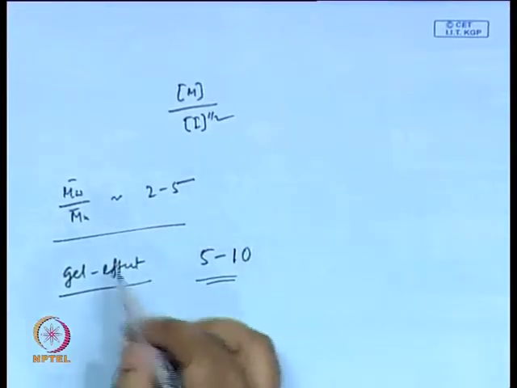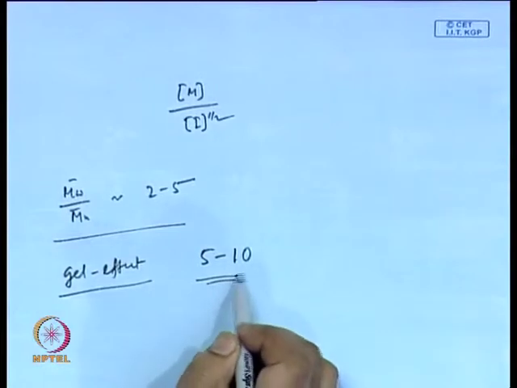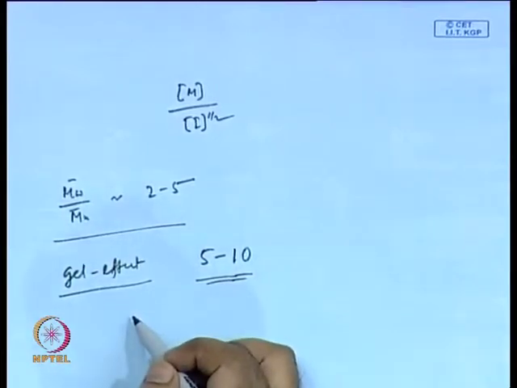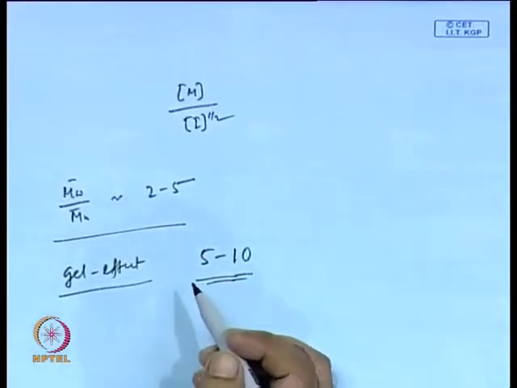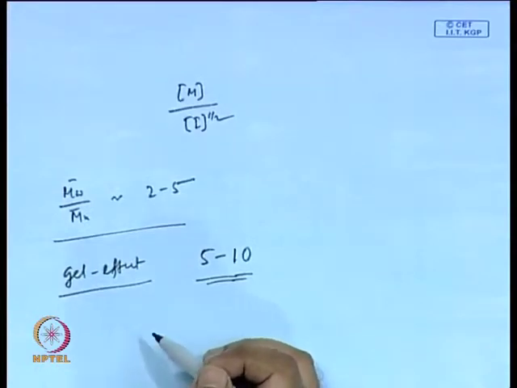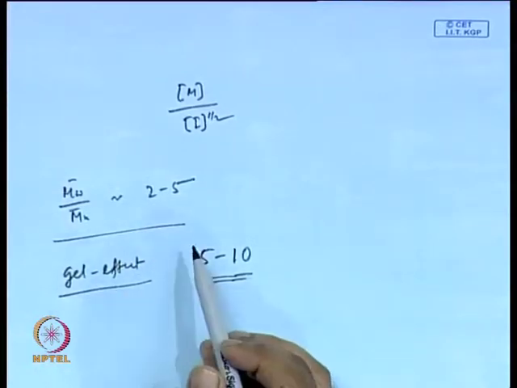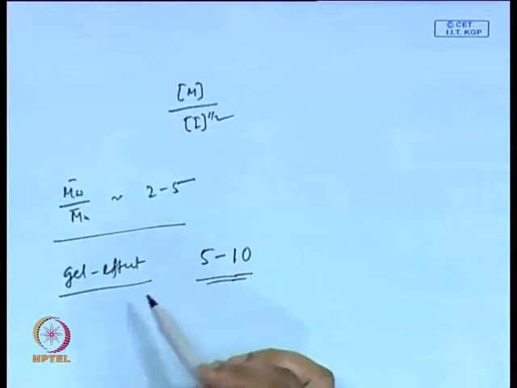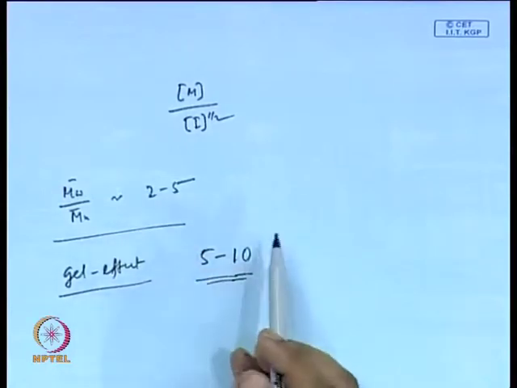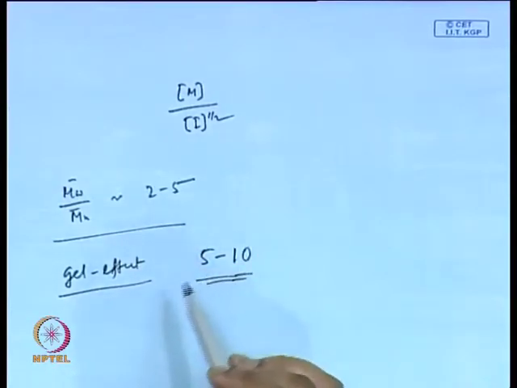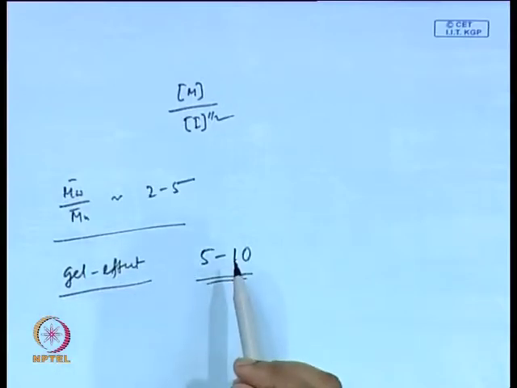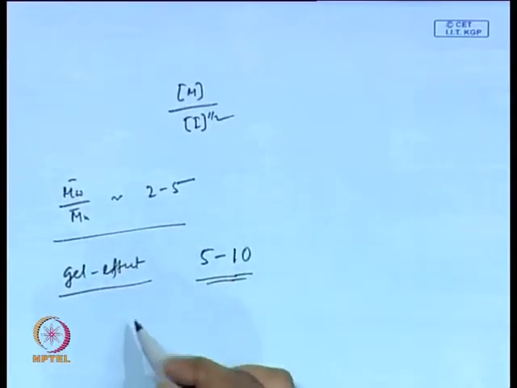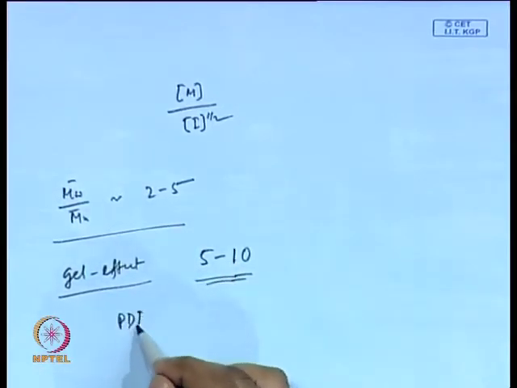If there is a gel effect, you know that branching might happen, which results from chain transfer to polymer. If intermolecular chain transfer happens, then the PDI goes up further.